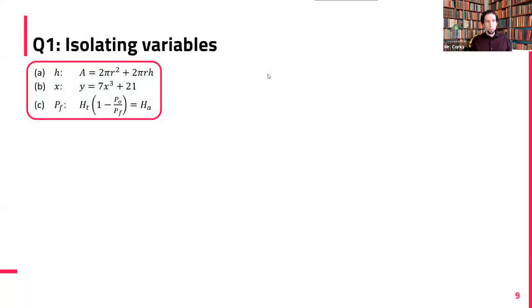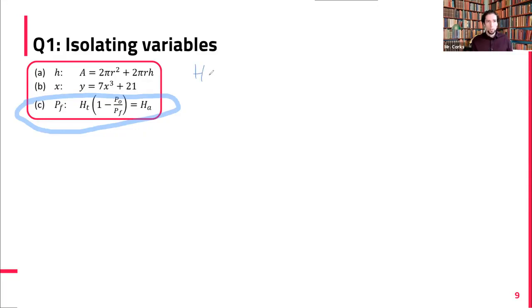Okay, so first one, question 1, just some simple algebra, rearranging equations. Again, I'm not going to do all of them, but let's use C as an example and talk about how we should solve a question like this.